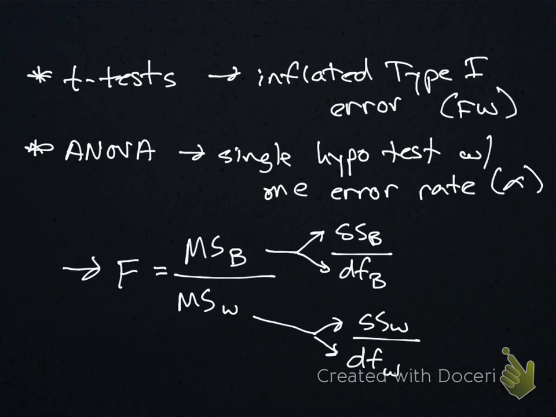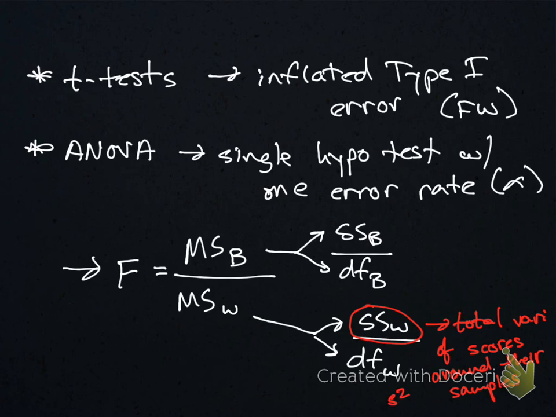Each of these parts represents something specific. When we talk about the sum of squares within, that's kind of like the total variability of scores around their sample means. In other words, those variance terms.